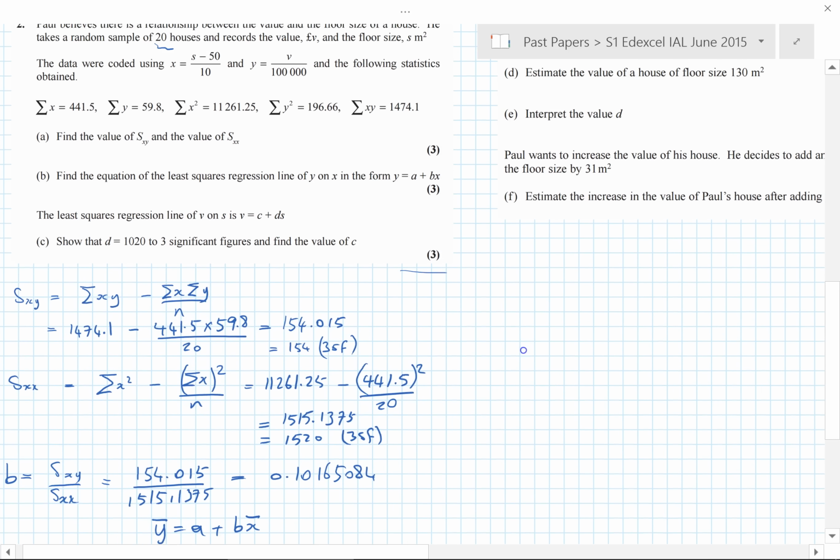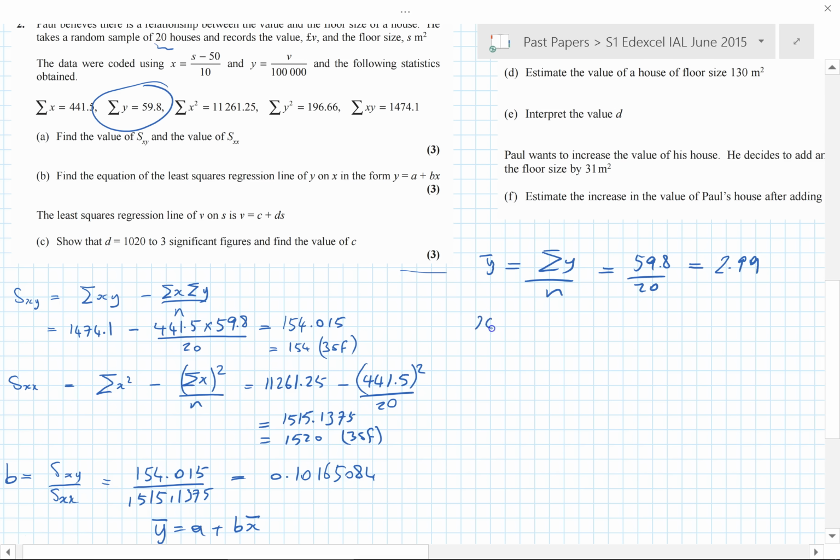Okay, let's just go back briefly. Y bar. Well, we've got y here. So y bar is equal to sigma y over n. So that's 59.8 over 20, which is equal to 2.99.